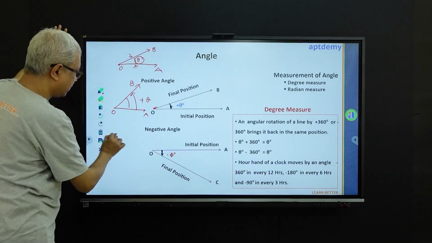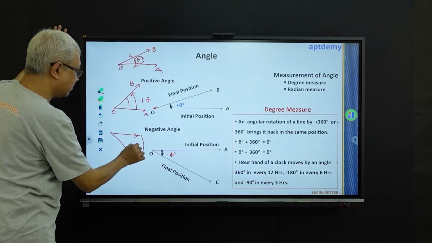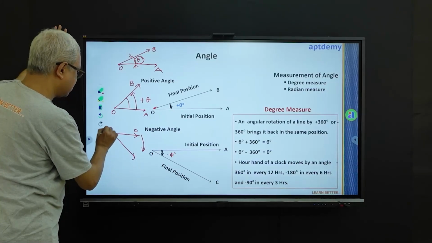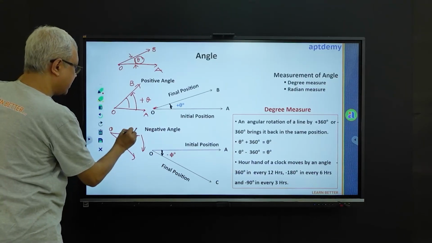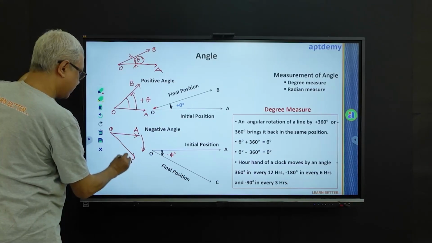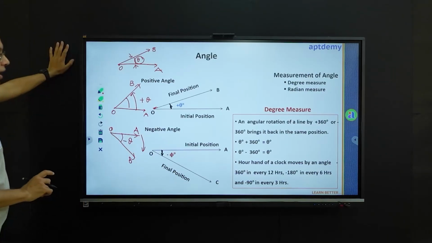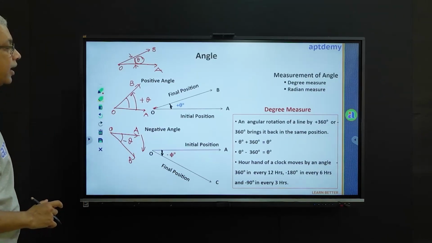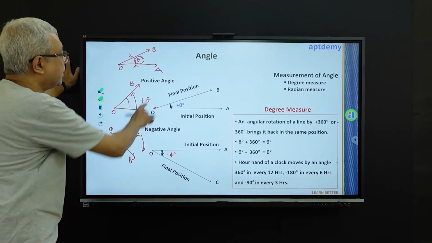And if the line rotates in a clockwise direction like this, from OA to OB, then we say it has traced a negative angle. So these are angles.